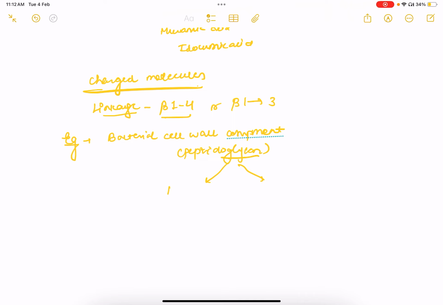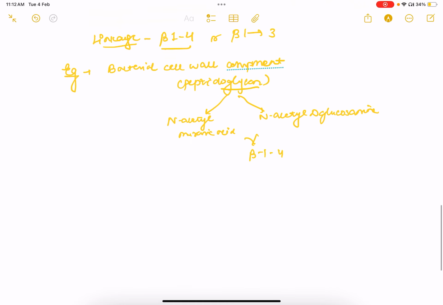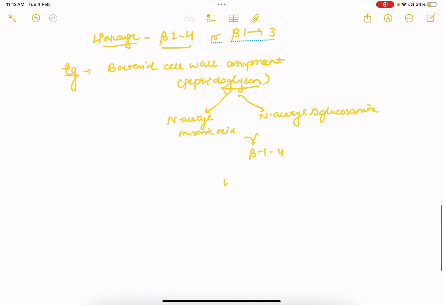The acidic sugar is N-acetyl muramic acid, and the amino sugar is N-acetyl D-glucosamine, and the linkage is beta 1,4. In our body secretions, like tears and saliva, we have an enzyme called lysozyme. This lysozyme attacks the beta 1,4 linkage and breaks the cell wall of bacteria.